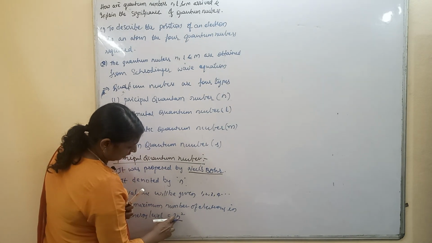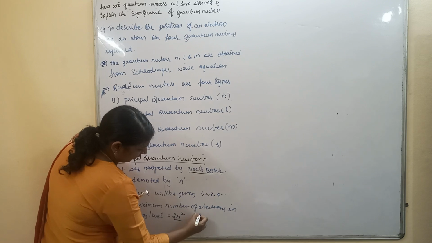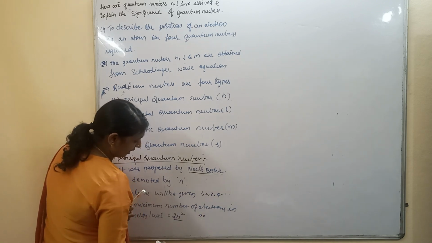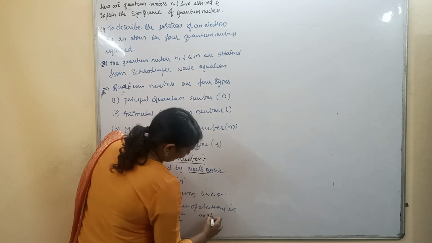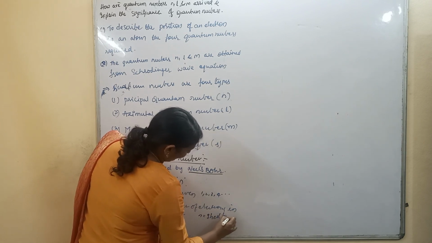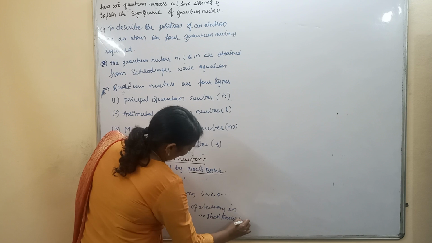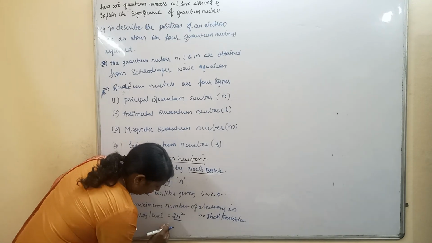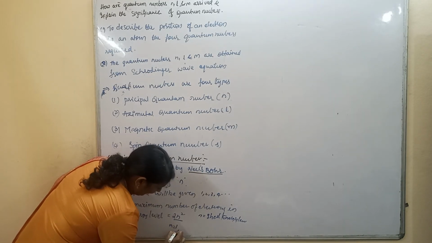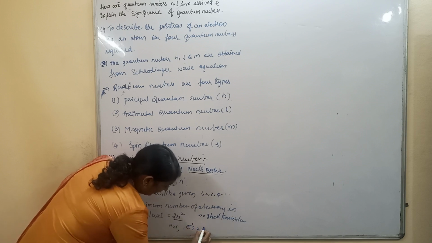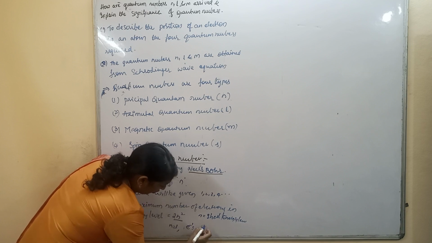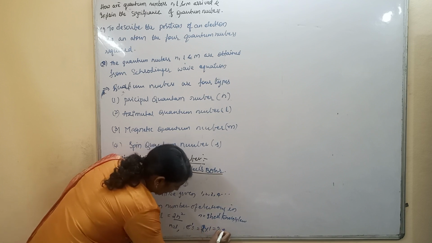We can take n as the shell, or you can take it as the energy level. For example, if you take the first shell, n equals 1, so 2 into 1 square equals 2 electrons.